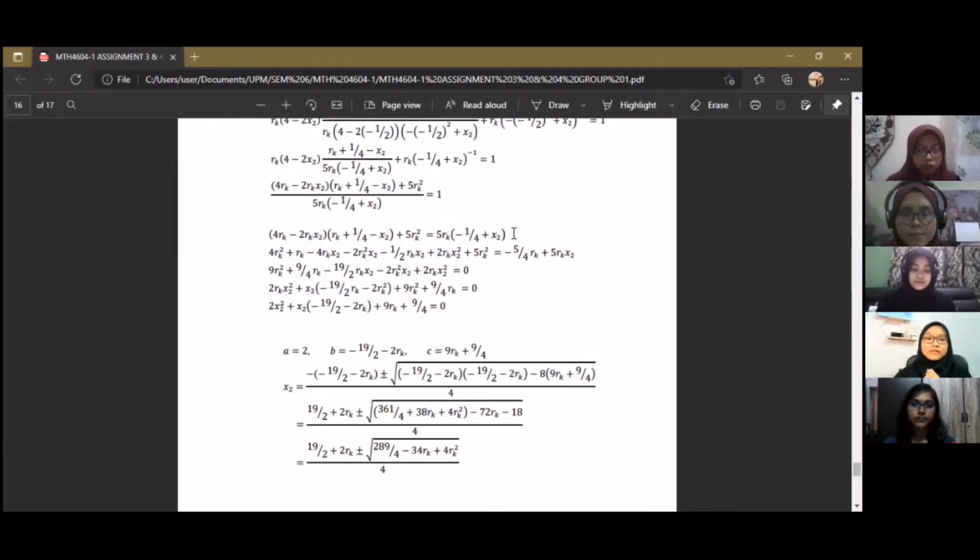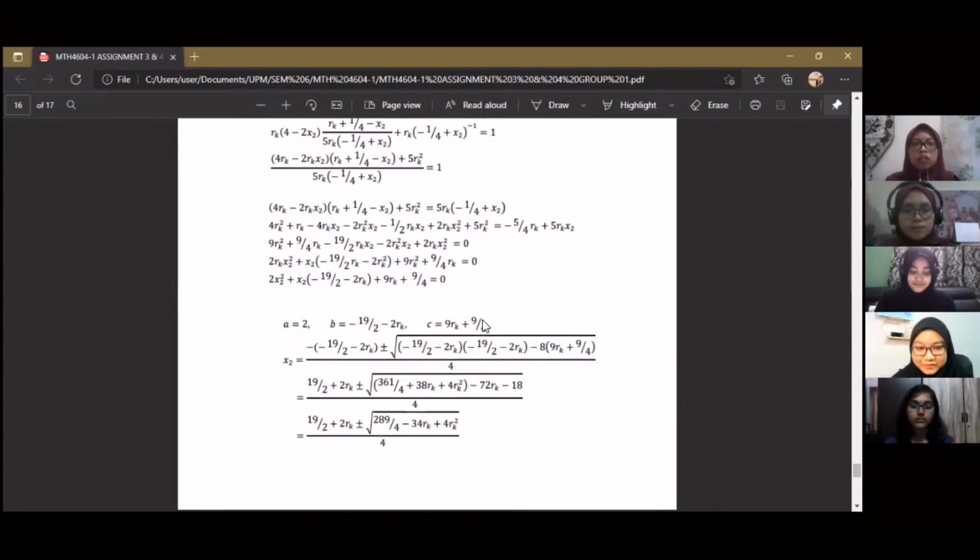From this solution, we expand the equation in the bracket and we get 4RK square plus RK minus 4RK x2 minus 2RK square x2 minus 1 over 2RK x2 plus 2RK x2 square plus 5RK square, equal to minus 5 over 4RK plus 5RK x2.